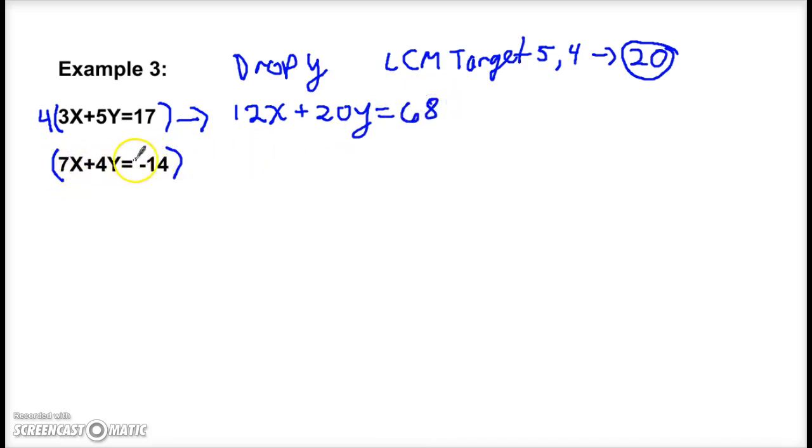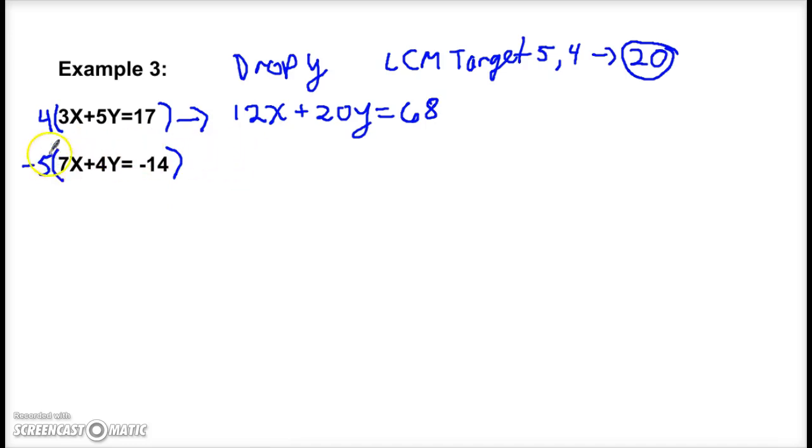And now for the second equation, I really want 20, but I want it to be a negative 20, so that when I add them, the y's drop out. So right now this is a positive 4. If I multiply by negative 5, that will give me a negative 20y.